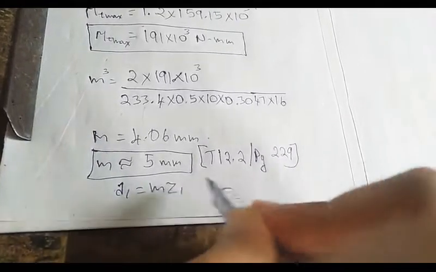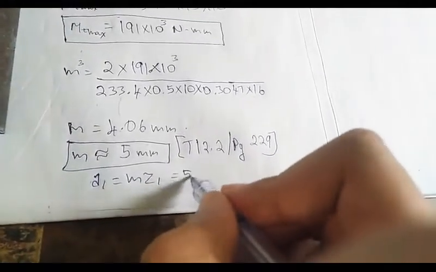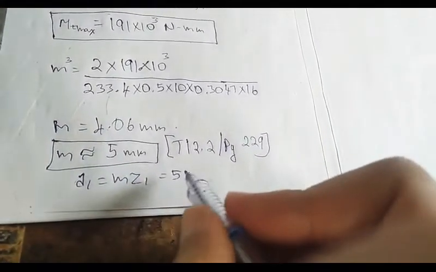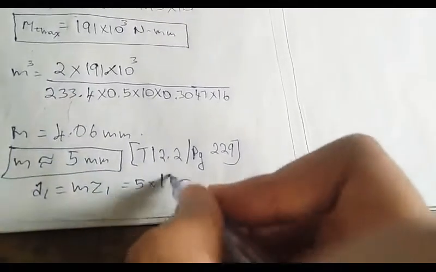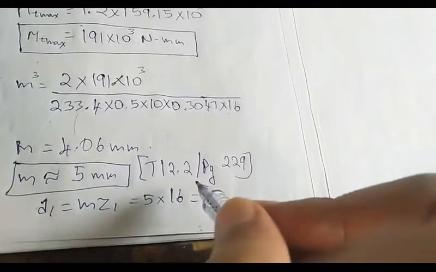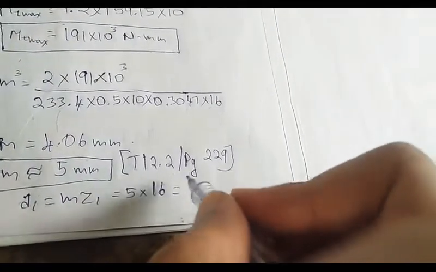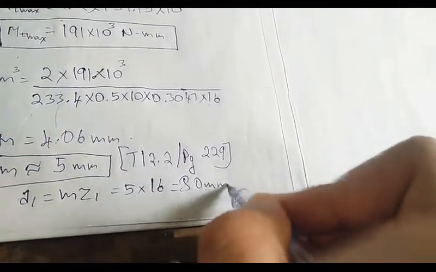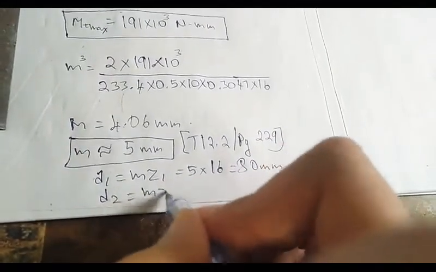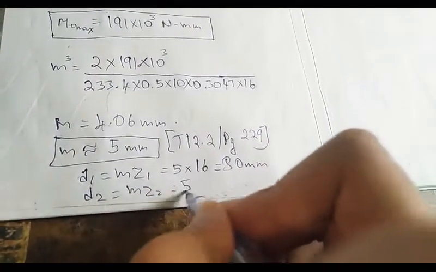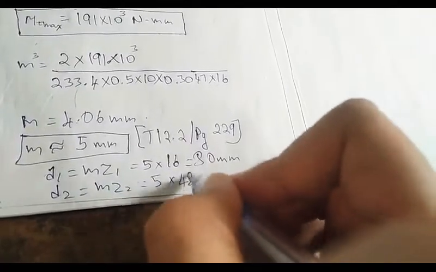D1 is m z1, 5 into z1. The value of z1 is 16. So D1 I'll get the value as 80 mm. Similarly, I'll find the value of D2 is equal to m z2, 5 into 48.